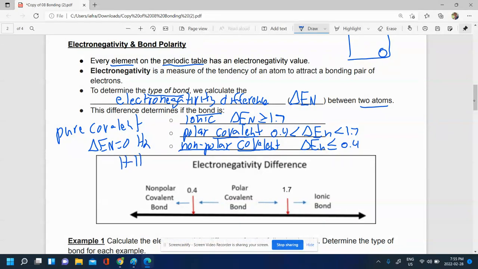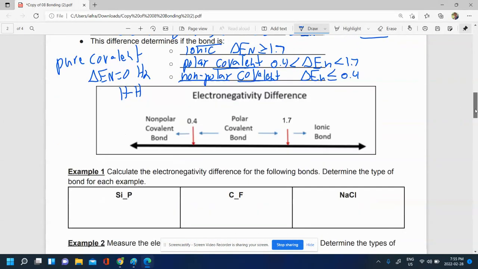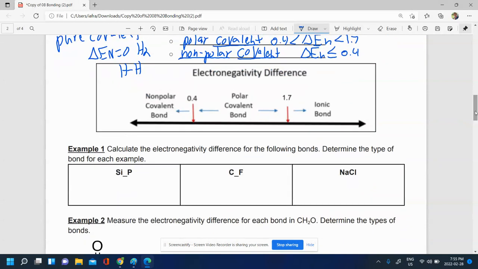Because if you do the difference in electronegativity between H and H, it's going to be 0. It's a pure equal share. Other non-polar covalents that aren't equal to 0, even though we say the share is equal, in reality, it's a little bit unequal. But for our purposes, we can classify it as being non-polar since it'll provide non-polar properties to the molecule.